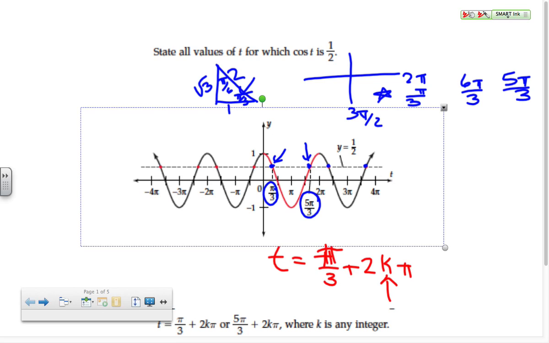So pi over 3 plus 2 pi is going to give me a 1/2 value. Pi over 3 plus 2 times 2 pi is going to give me a 1/2. Now remember that we have two values, so we also have to account for the second one: t equals 5 pi over 3 plus 2k pi.